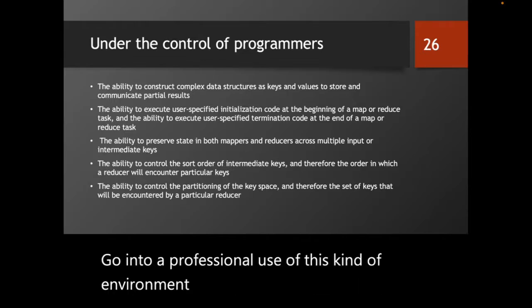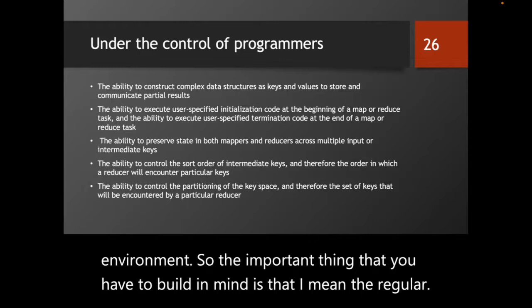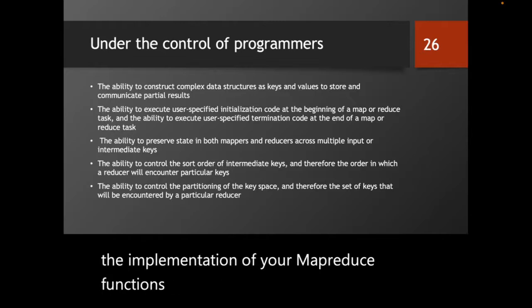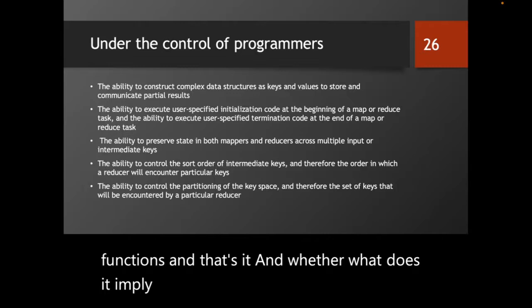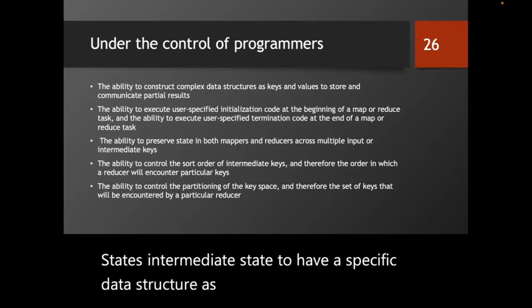So the important thing that you have to bear in mind is the regular design process of your data structure, and then the implementation of your MapReduce functions, and that's it. And what it implies in the shuffle and sort intermediate state to have a specific data structure as output or as input for the reducer, but that's it.